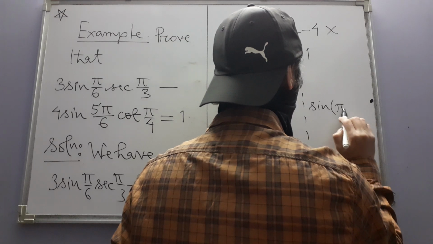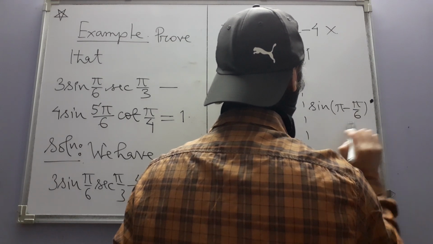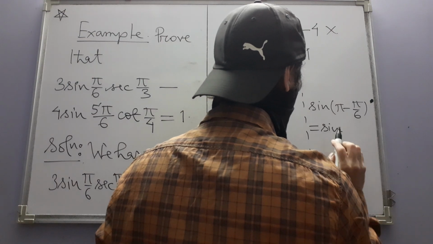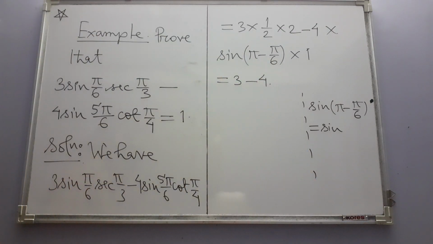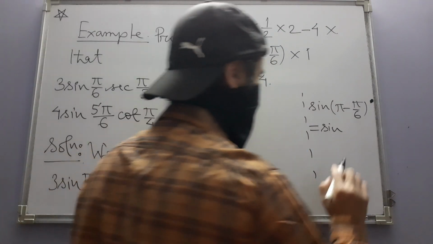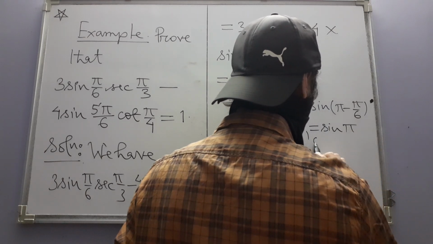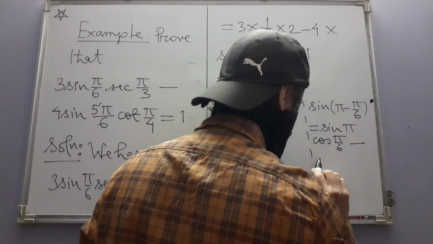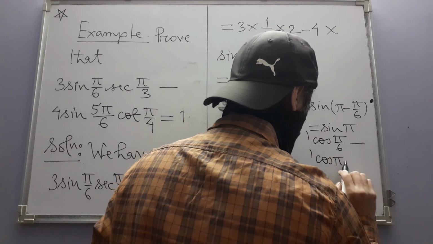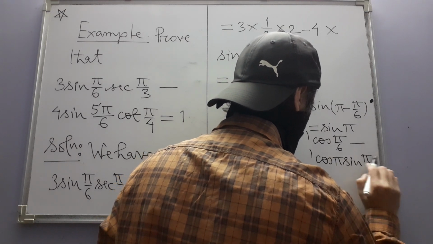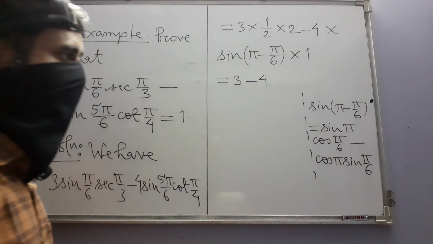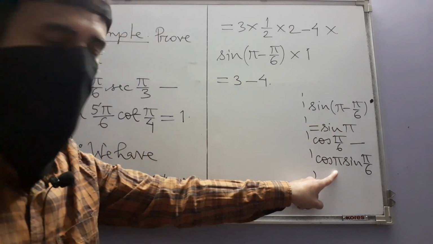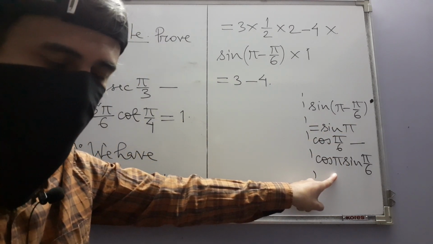It seems like it will be long, but actually it's not. You of course don't have to write these things down. You can do it mentally. Sine pi cos pi over 6 minus cos pi sin pi over 6. Sin pi is 0, cos pi is minus 1.